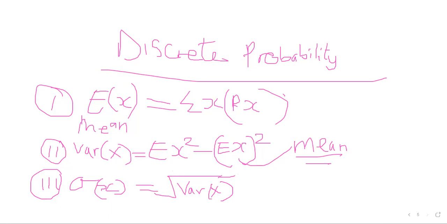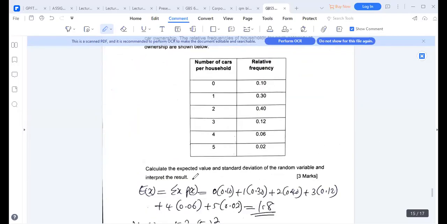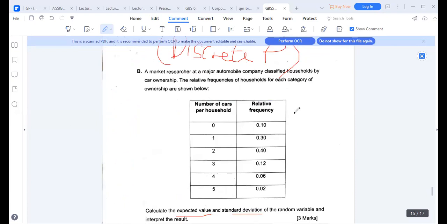So now getting down to the expected value, it is just x on probability of x. So you are just finding x on probability of x.